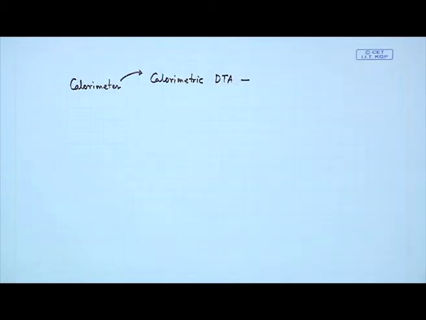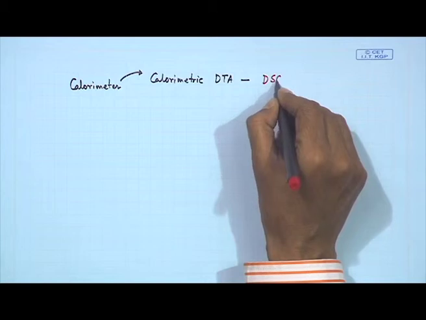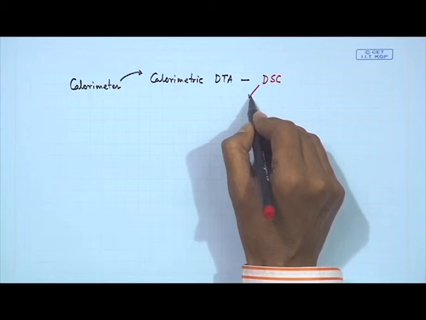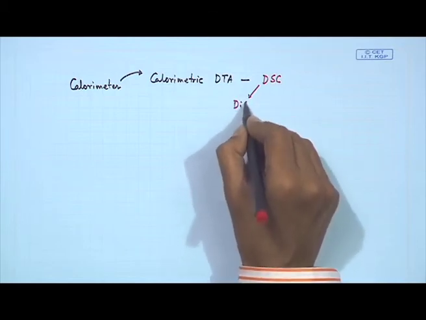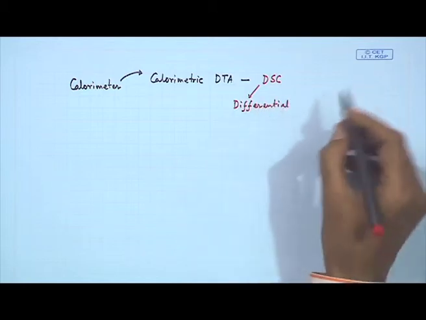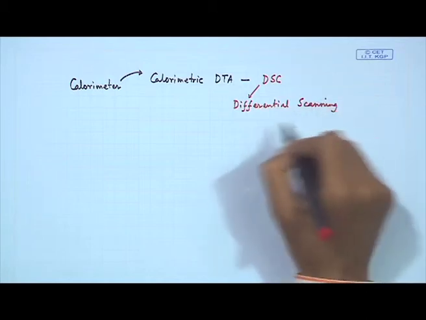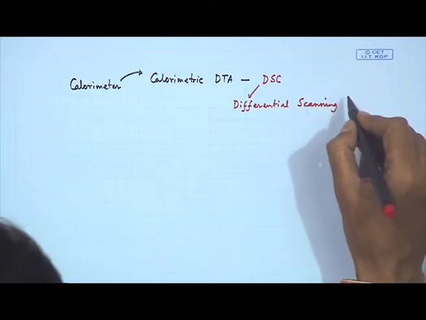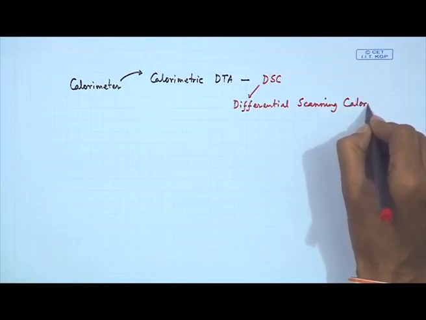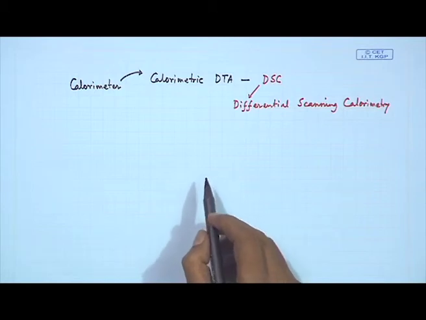It has a special name, which is the technique known as DSC, and the name will also tell you what it is. It is differential scanning, because we are scanning all the time the temperature or the weight change, and this is calorimetry. So, it is differential scanning calorimetry or DSC.